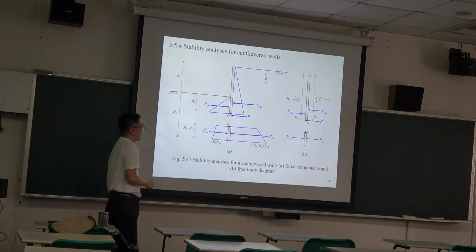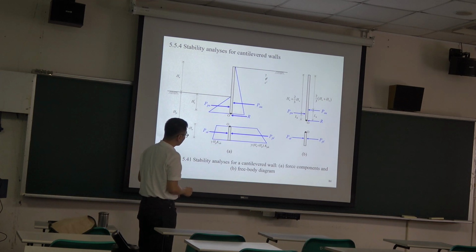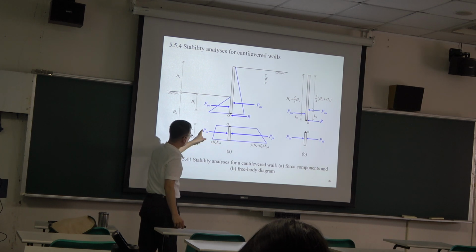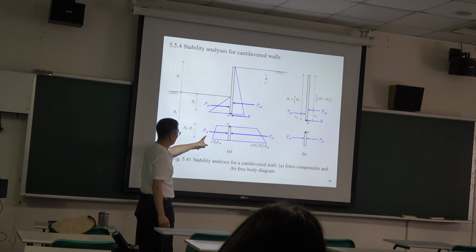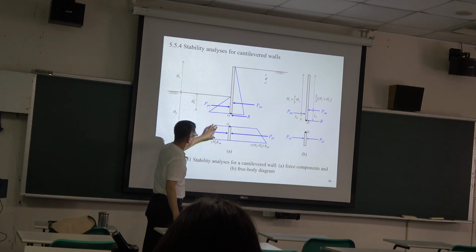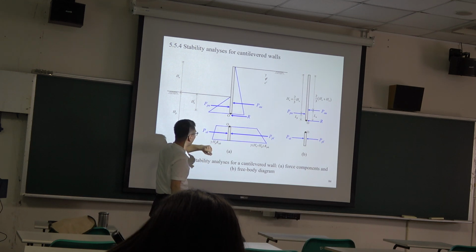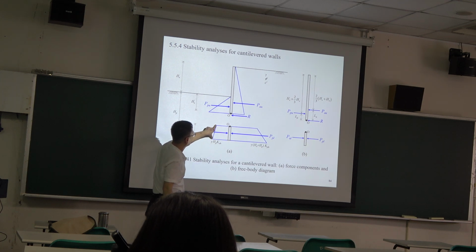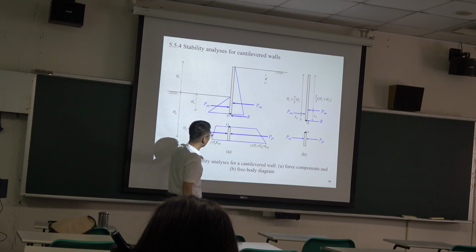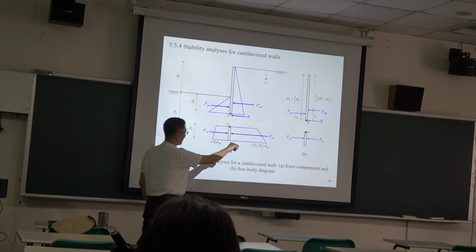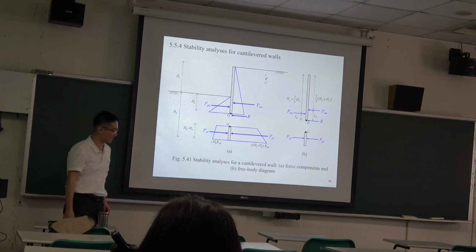And then for the bottom part, we know the active side. If we know the depth from point O, we can work out the resultant. The same for the passive side, we can also work out its resultant.